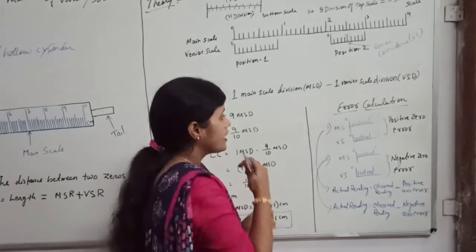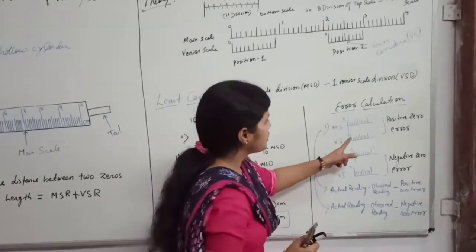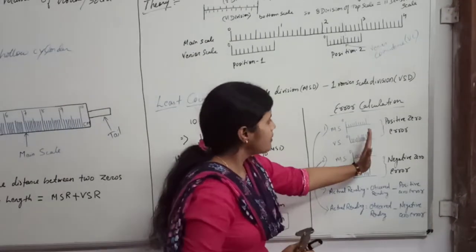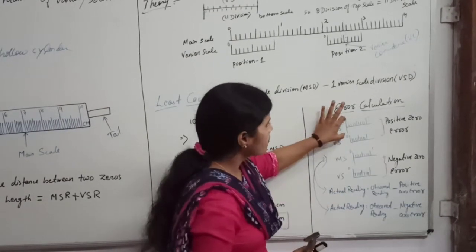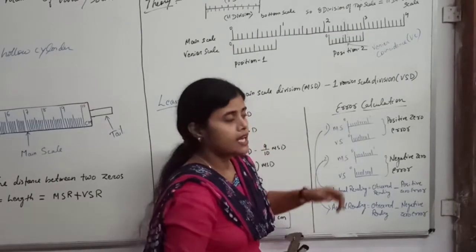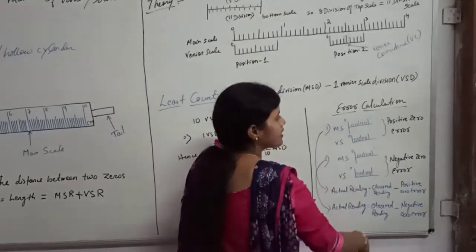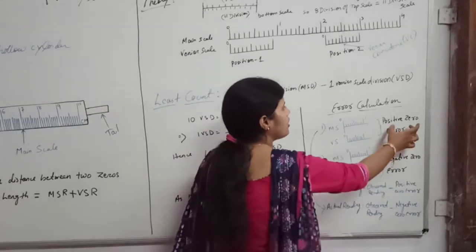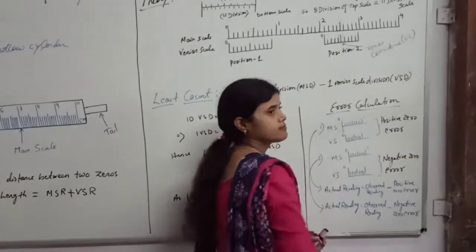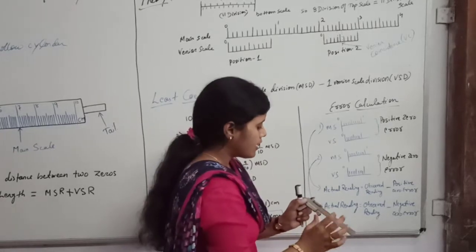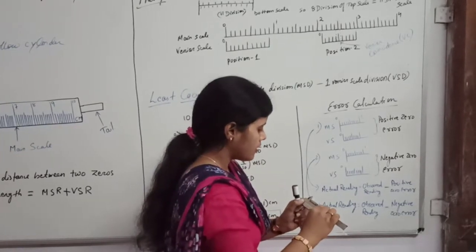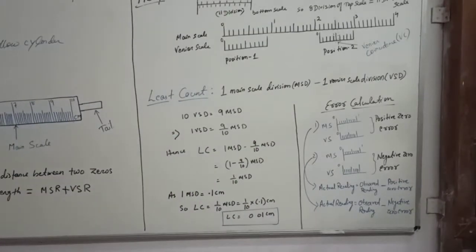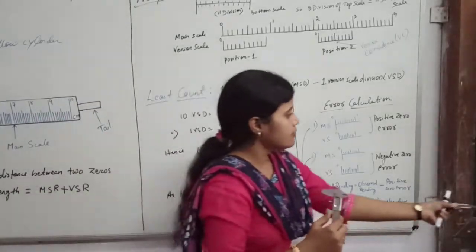But if the zero of the vernier scale lies a little bit at the right side of the zero of the main scale, then this right side will tell you the positive zero error. This is called the positive zero error. Let me show you in the instrument itself.